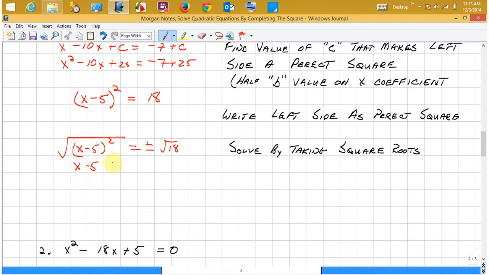And what I'll have on the other side is, remember, 18 is 9 times 2. So I will have plus or minus 3 times the square root of 2, moving the 5 over. And I solved that quadratic.